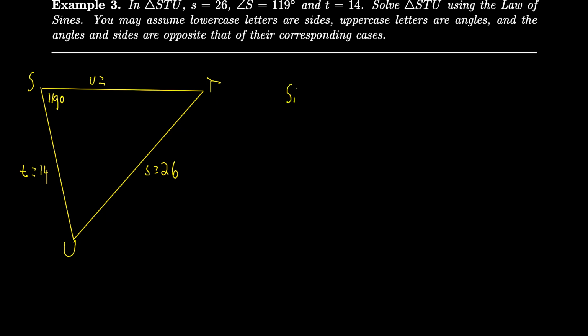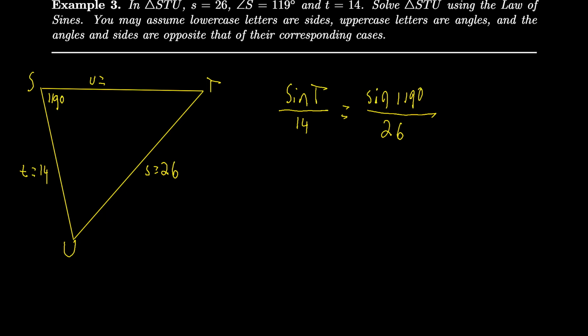That's just going to make it easier. So sine of big T over little t, which was 14, equals. The sine was on top over here, so the sine has to be on top over here. So it's the sine of 119 degrees over 26. Like that.